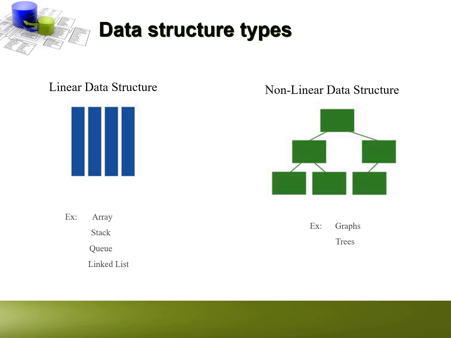There are multiple levels in nonlinear data structures, so it is also called a multi-level data structure. It is important to note here that we can't implement nonlinear data structures as easily as linear data structures. Some examples of nonlinear data structures are graphs and trees.